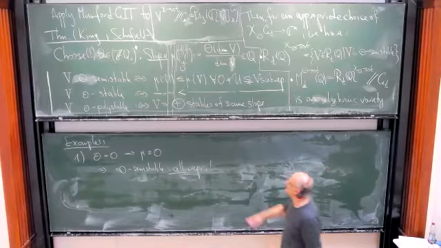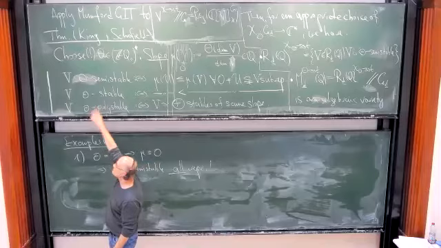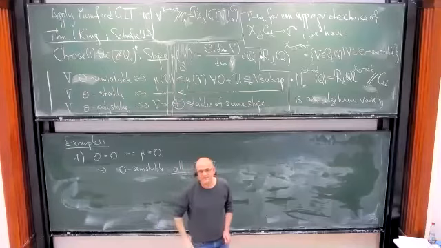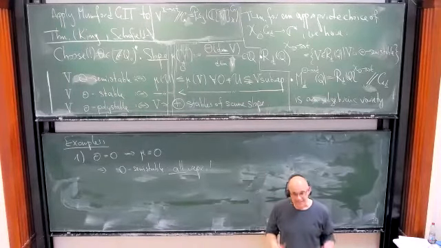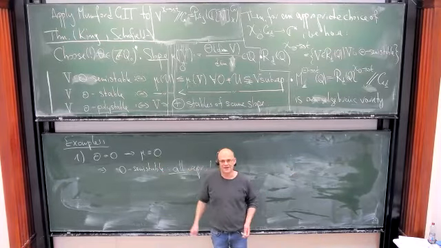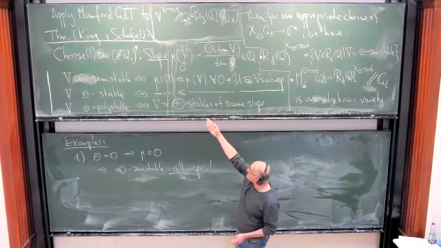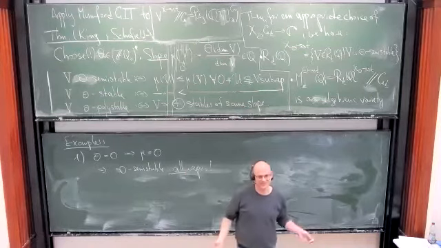So what about 0 stability? A representation is 0 stable if the slope strictly decreases on non-zero proper subrepresentations. That's something the slope cannot accomplish because it's always 0. So when does this happen? The slope cannot strictly decrease, so we just have to avoid having subrepresentations.